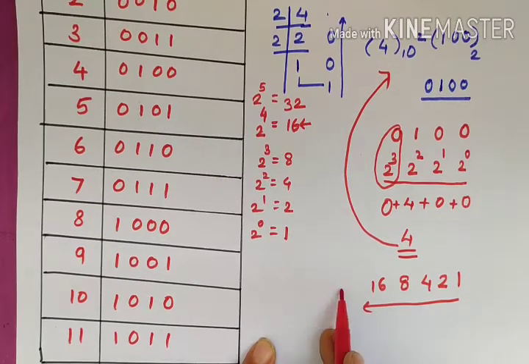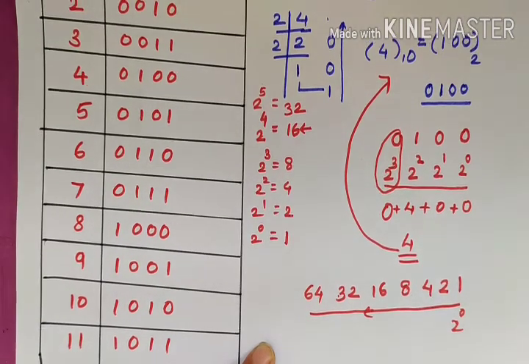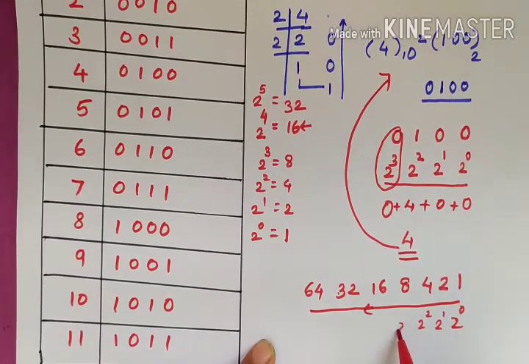If you have to write 6 bit, then 32. See, you can see the doubling. See, 1 plus 1 is 2, 2 plus 2 is 4, 4 plus 4 is 8, 8 plus 8 is 16, 16 plus 16 is 32, and 32 plus 32 gives 64. Means this is the increasing power: 2 raised to 0, 2 raised to 1, 2 raised to 2, 2 raised to 3, 2 raised to 4, 2 raised to 5, 2 raised to 6.